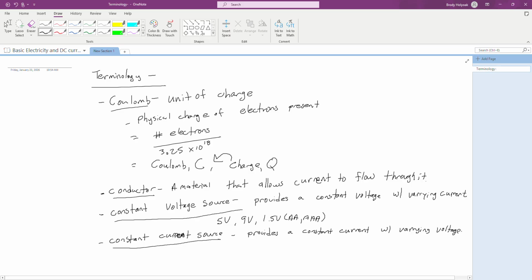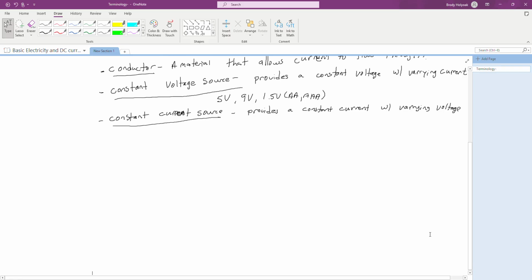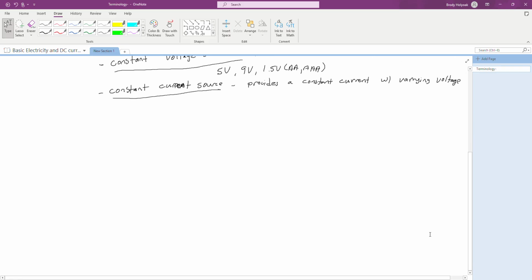So if you needed a tool that spit out a specific amount of current to turn a motor, or an arc welder or something like that needed the current more than the voltage, then you would use a constant current source. So that's going to spit out just your values as far as current goes, keeping the voltage variable and changing whatever it needs to be. You may not even care what the output voltage is, you just care what the current is. So this is going to give you an option of 2 amps or 5 amps or 20 amps, depending on what your application is. That's what your constant current source is.